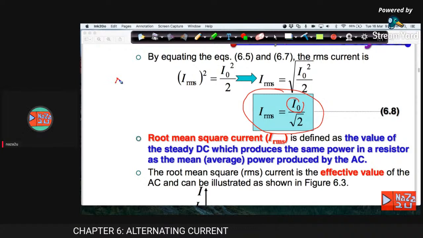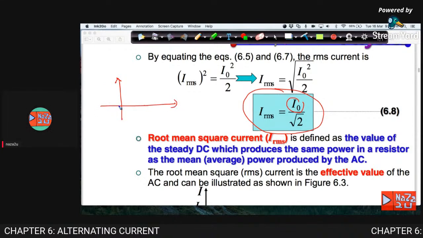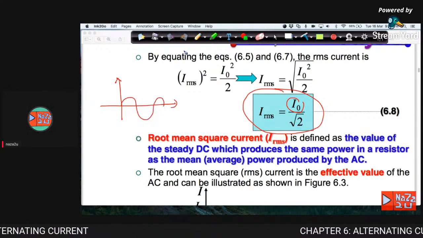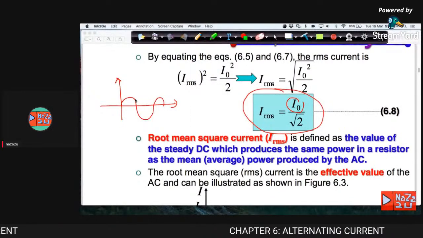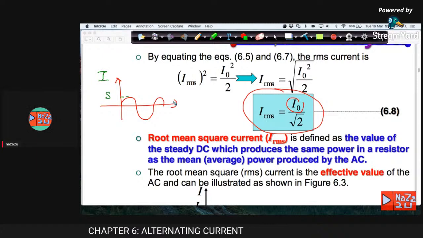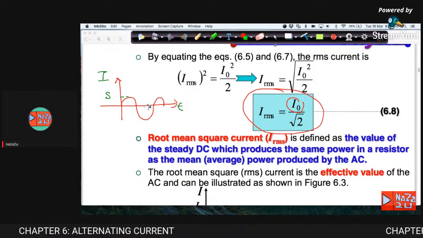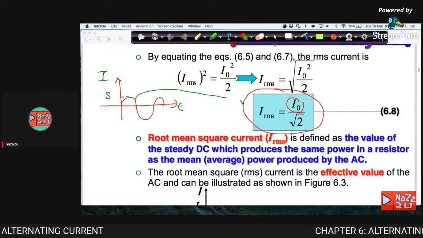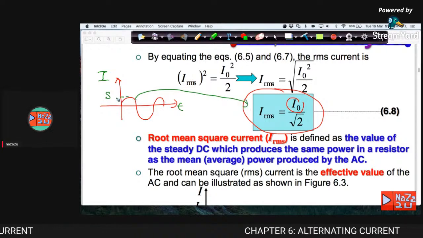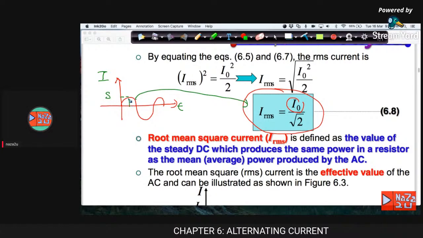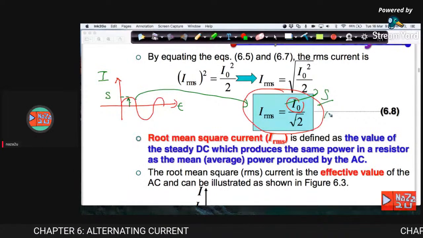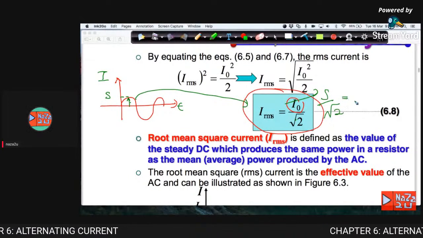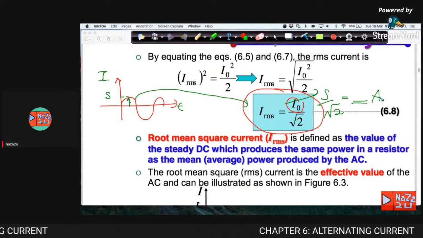Jadi kalau dia bagi satu graf sinusoidal macam ni, katalah dia bagi sini 5, this is I versus t, 5 ampere. So kalau soalan tu tanya berapakah I RMS, ambil saja 5 ini kerana ia maximum current. So this is 5 divided by square root 2. Jadi kamu boleh cari I RMS berapa ampere.